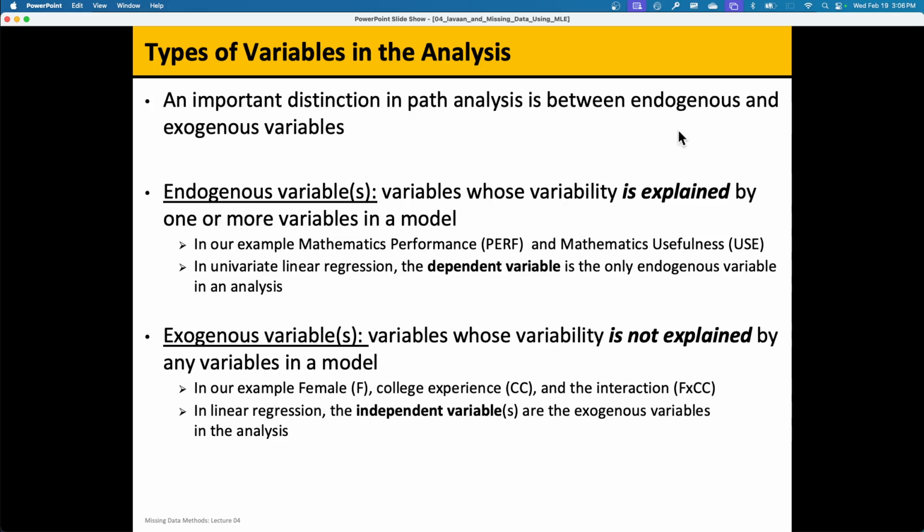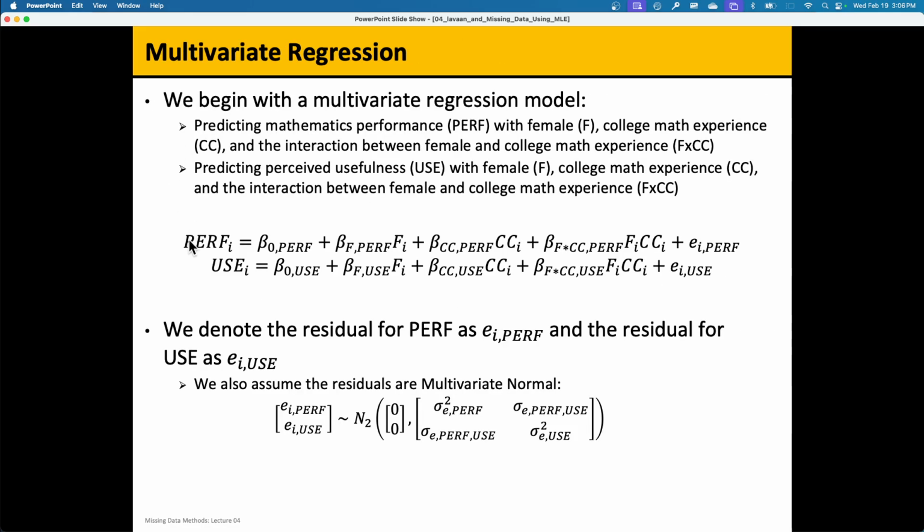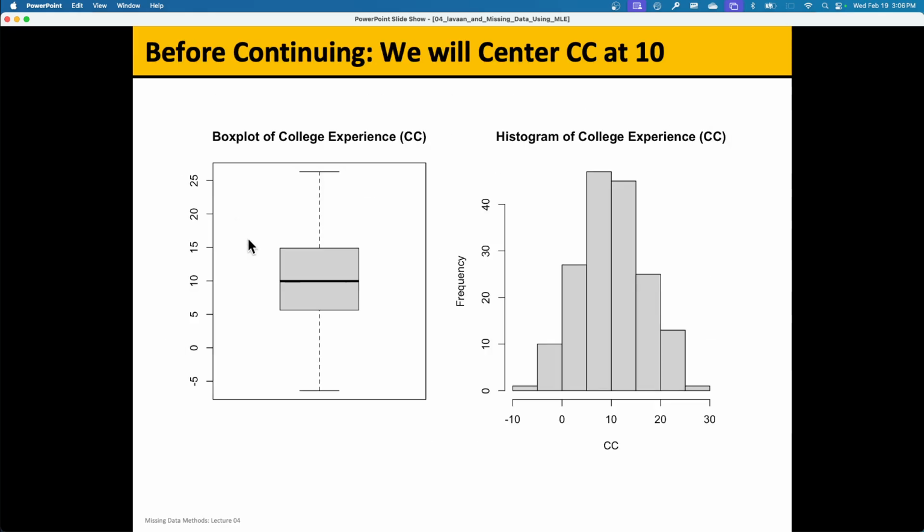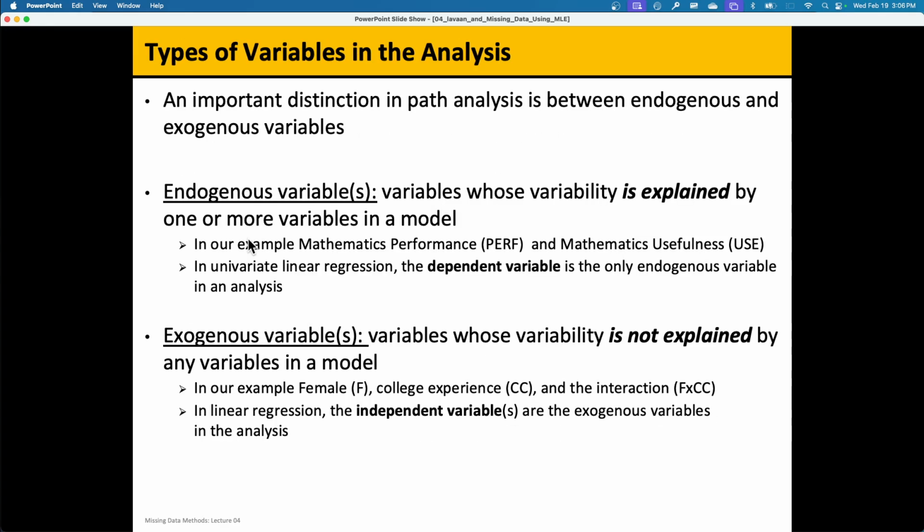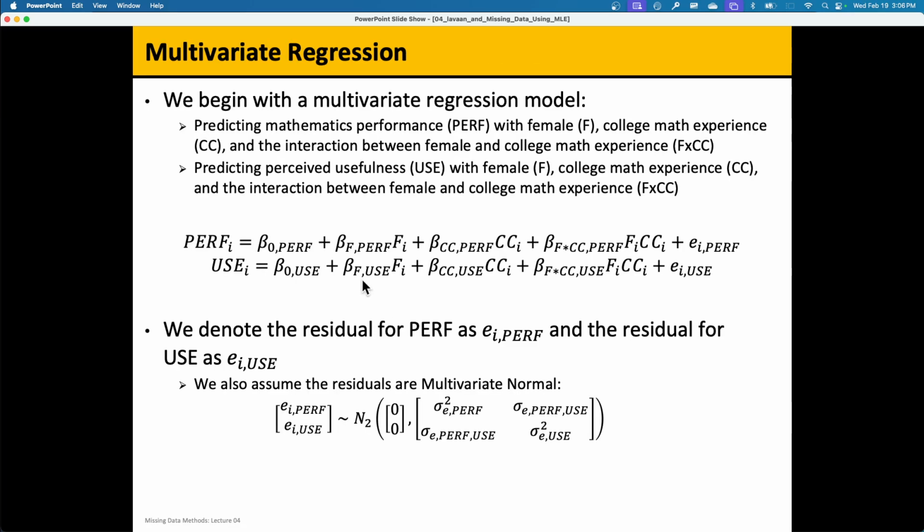Endogenous variables, those are being predicted, right? So in our example, performance and usefulness, the two dependent variables, are endogenous. Any dependent variable is endogenous, we would call that. Exogenous variables, in this example, are on the right-hand side.